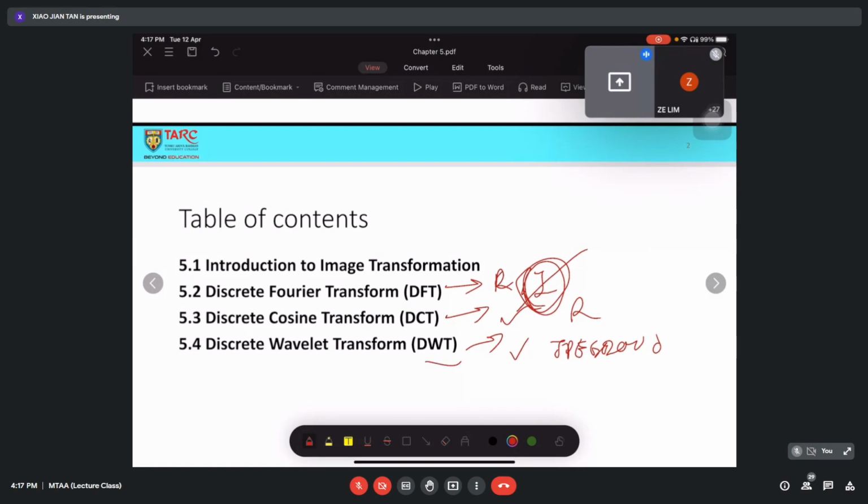And for DWT, the difference between DCT and DFT is that DCT requires only the real value, while DFT requires real and imaginary. DWT, in contrast with these two, consists of the spatial and also the frequency domain information.